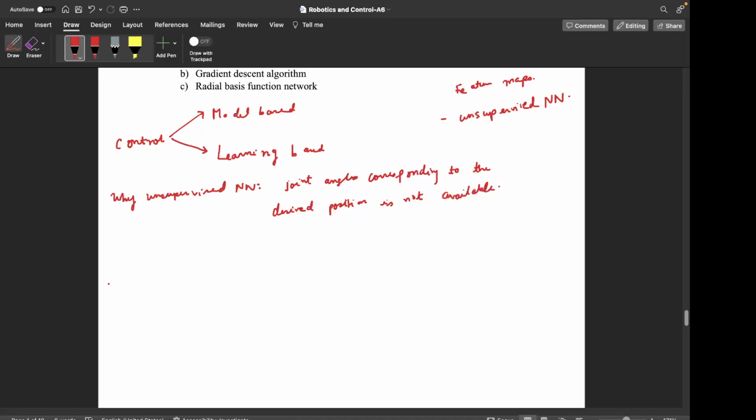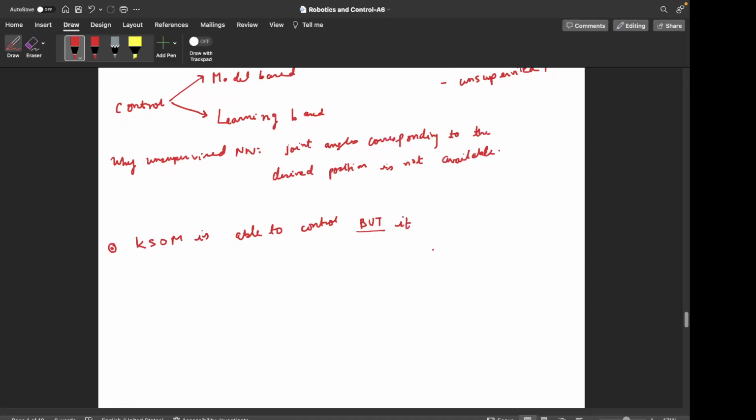And interestingly, however, it has been shown that KSOM is able to control, but its performance is not as good as what we get using inverse kinematics, because inverse kinematics in this case you can solve exactly.